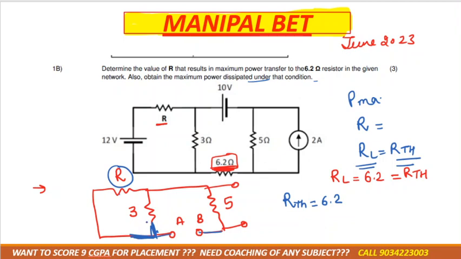They are at different paths, which means R parallel 3, right? It will become a single resistance. Then 5 ohm. Now this one and this one, are they at the same path or at different paths? R parallel 3 and 5 ohm.